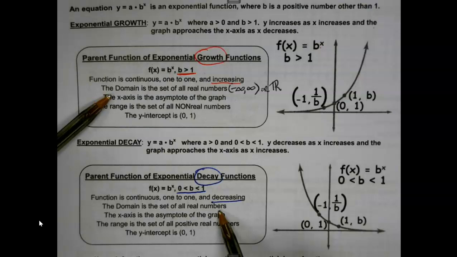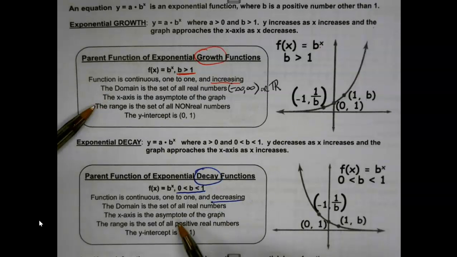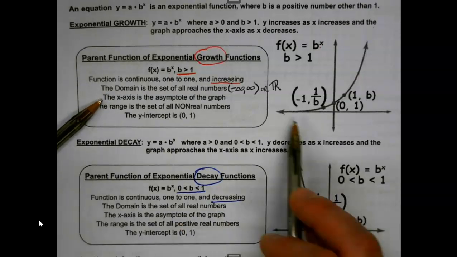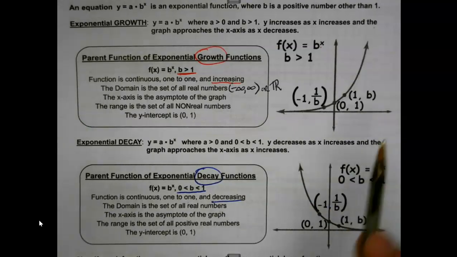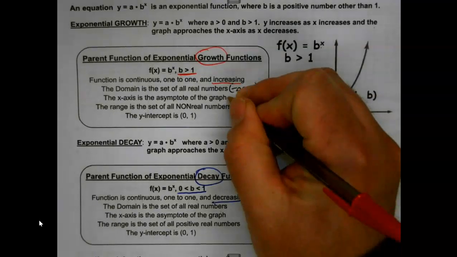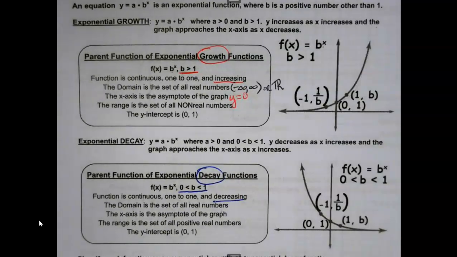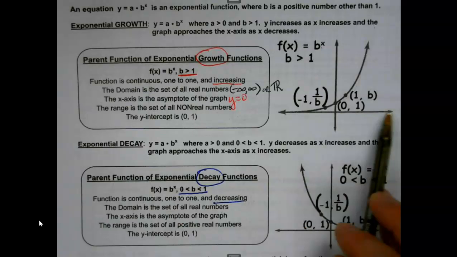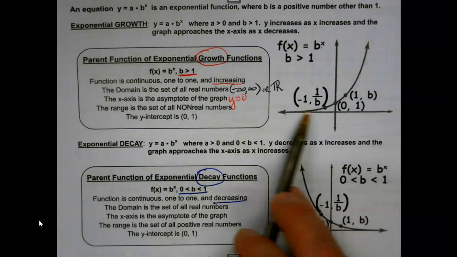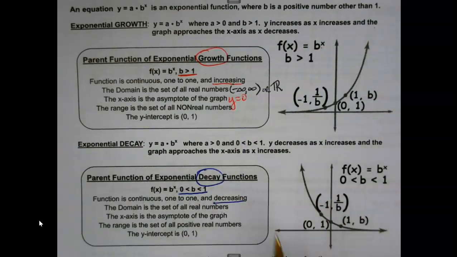So that's the same on both of these. The x-axis is the asymptote of the graph, but we want to write it as an equation, which would be y equals 0. Because everywhere, even though the x values change along the x-axis, the y value does not. It's always going to be 0. So that's the same for both of these.